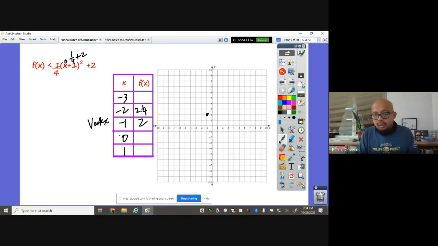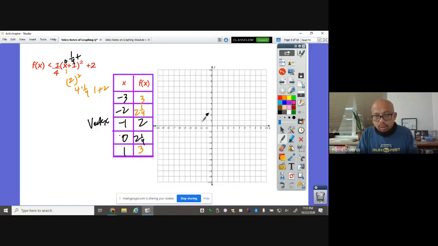Oh no, I'm wrong. It's not there, it has to be on the 0. 2 and 1/4, or 2.25. Okay. If we plug in the 1, 1 plus 1 is 2. 2 squared is 4. 4 times 1/4 is going to be 1. 1 plus 2 is 3. So this will be 2 and 1/4 also, and this will be 3.